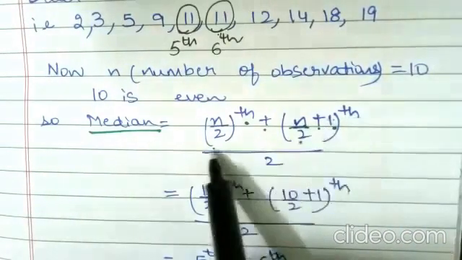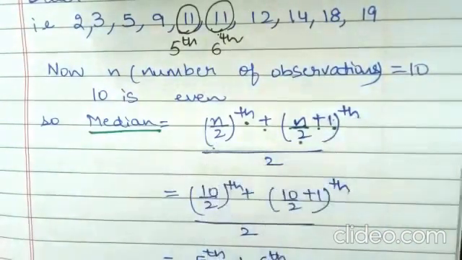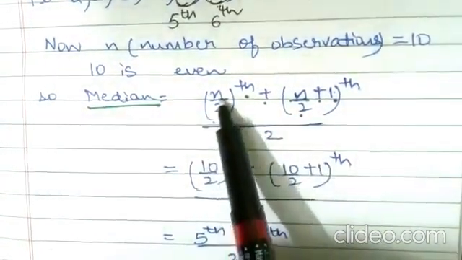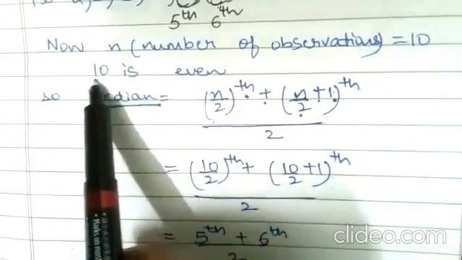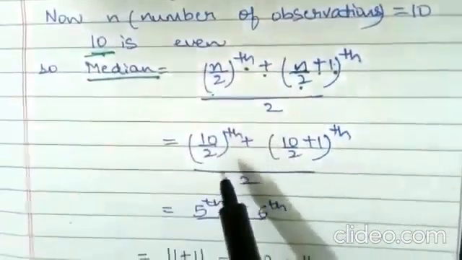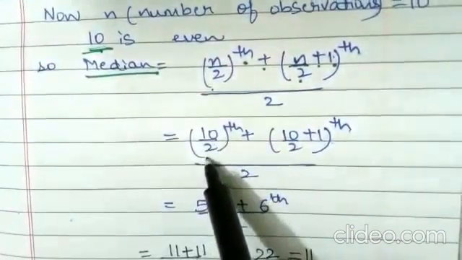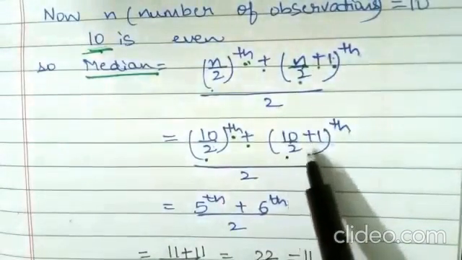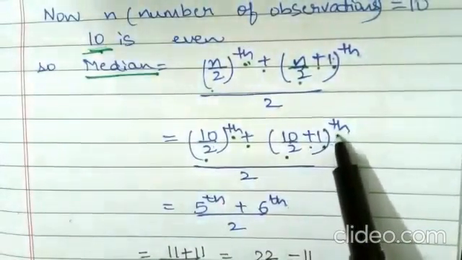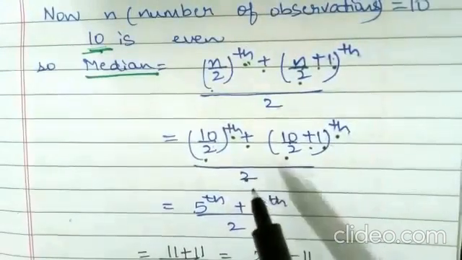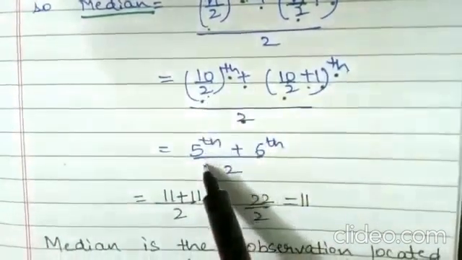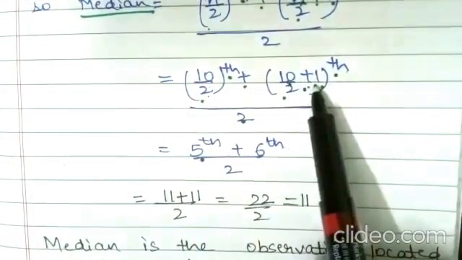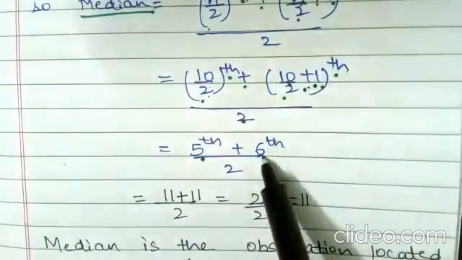Now let us put the values. What is n here? n is 10. So we put 10 upon 2 th plus 10 upon 2 plus 1 th, upon 2. Now this gives us the 5th and this gives us 5 plus 1, that is the 6th.